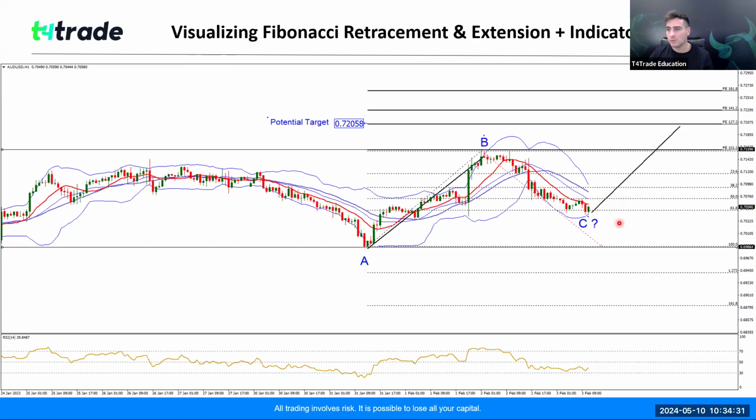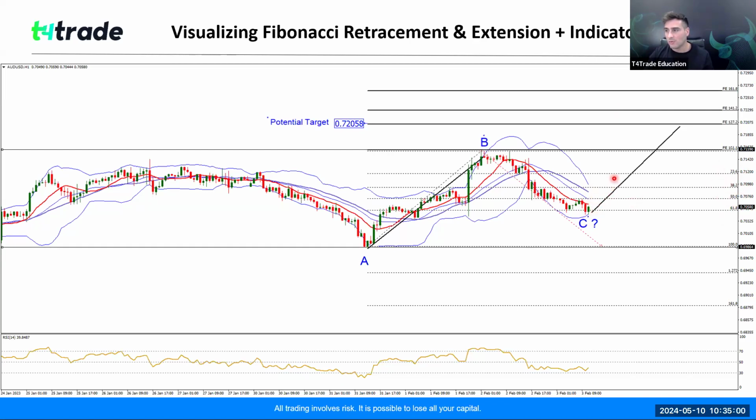Also, what else do we need to see? We need to see that price action forms a base, a higher low, which is not there yet. We have two touches, but it's still not there. We need the price action to move away from the 61.8, definitely above the 50, and start challenging the 38.2.